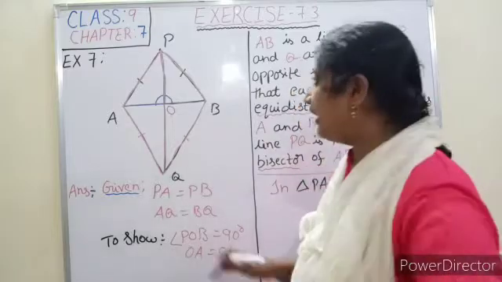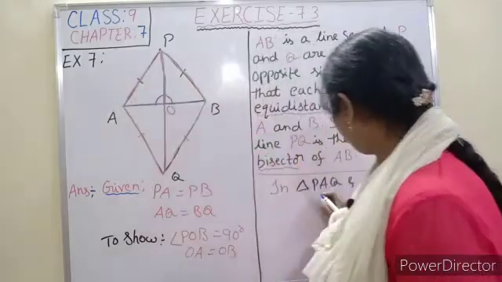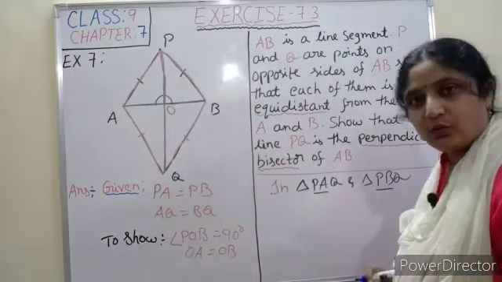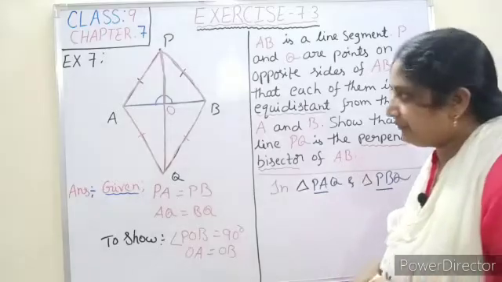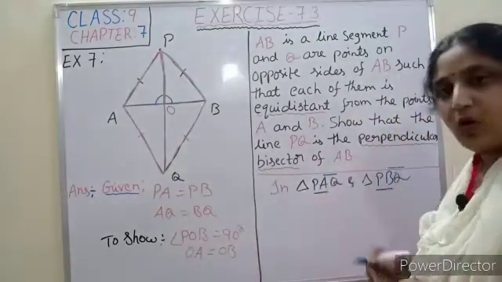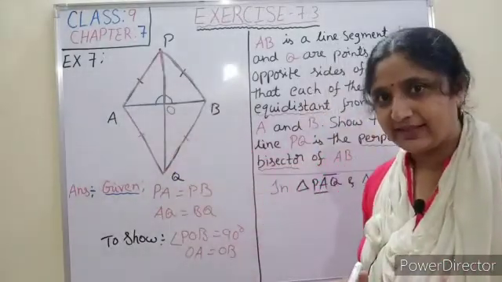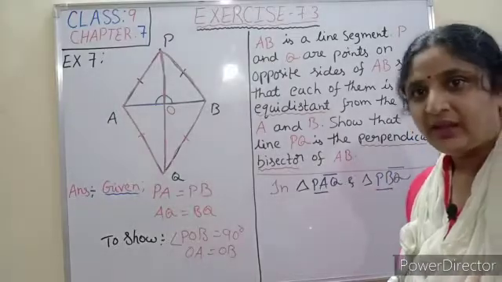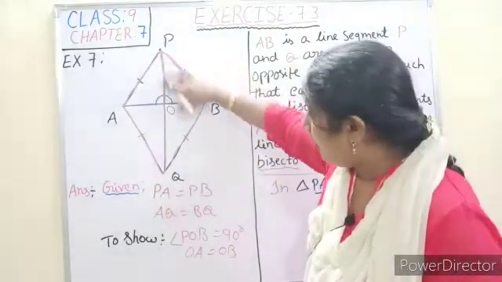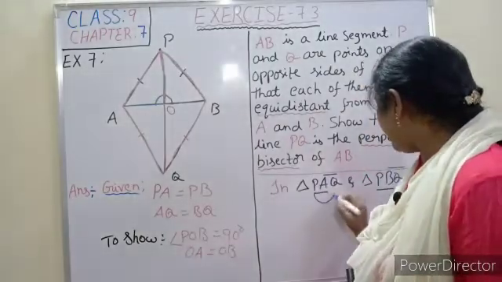Now you see here, these 2 corresponding sides PA and PB are equal, and AQ, BQ are also equal, corresponding sides. You can check here, and PQ is also common.